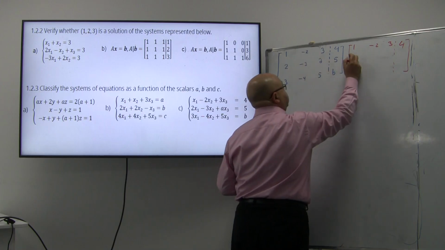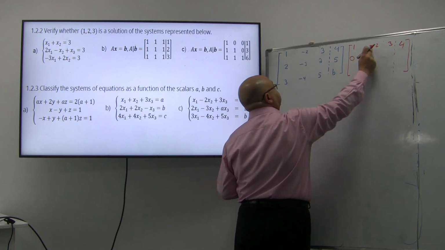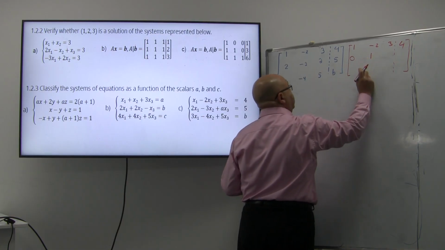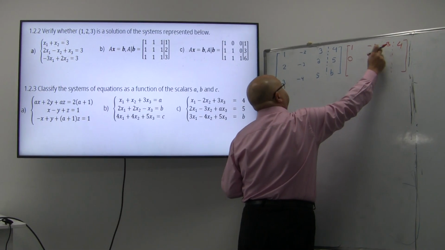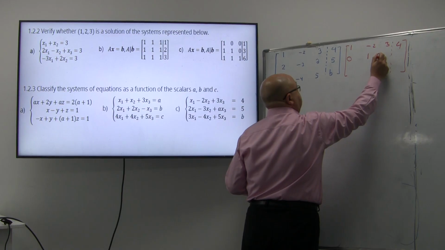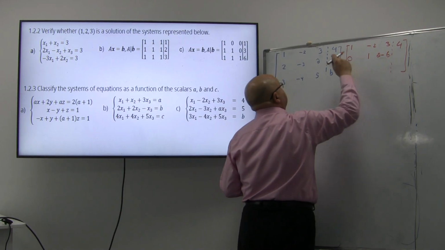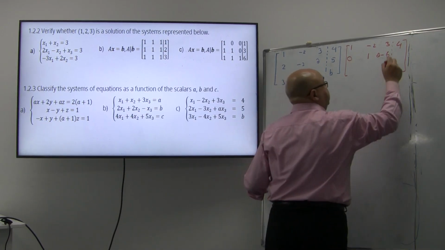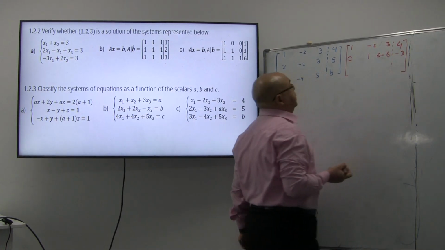Negative 2 plus 2 gives 0. Negative 2 times negative 2 is positive 4, plus negative 3, so it comes to 1. Negative 2 times 3 is negative 6 plus A, so A minus 6. Negative 2 times 4 is negative 8, plus 5, the result will be negative 3.